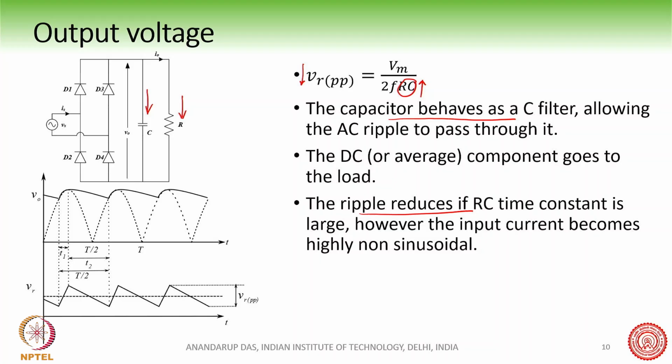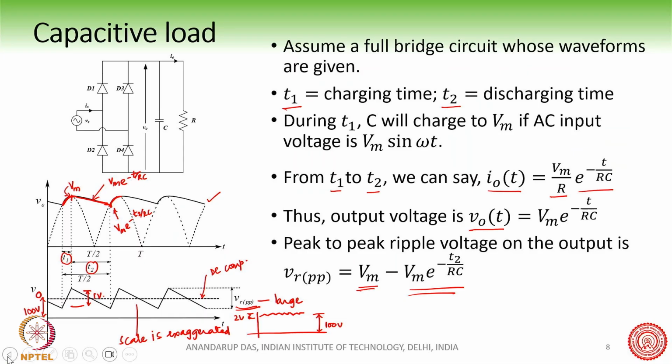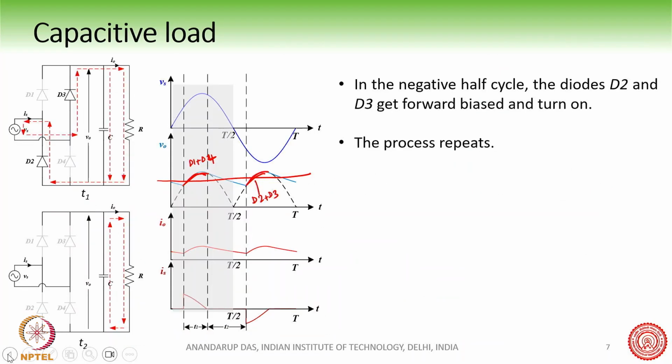So if RC is large, VR peak to peak will go on reducing. If C is large, basically if the capacitor is large, then the peak to peak ripple goes down. But what will happen, if you see carefully, is that the input current becomes highly non-sinusoidal. Why is it so? Here you can see that this input current will become highly non-sinusoidal.